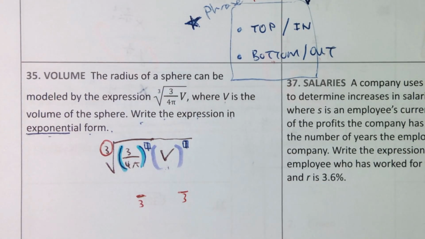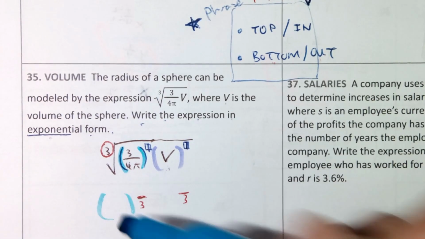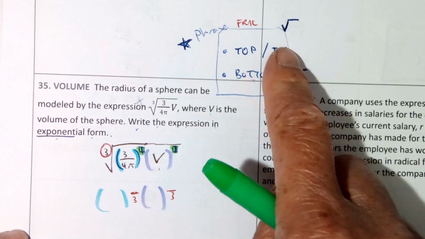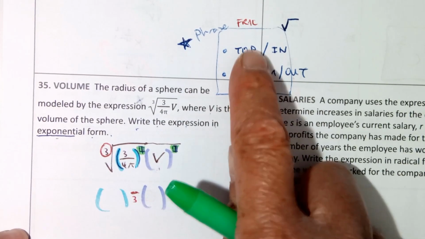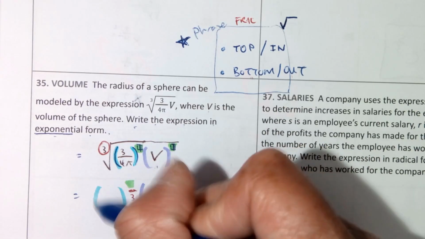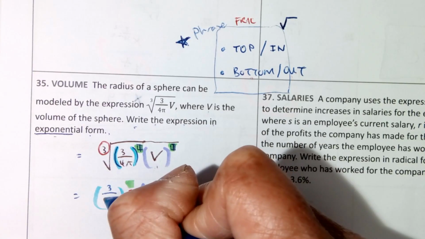Okay, so now I have my blue and purple blobs. Remember, the inside of the radical is now going to go to the top of our fractions. Okay, then you're just going to put whatever's in the blob back in there. So 3 over 4 pi.